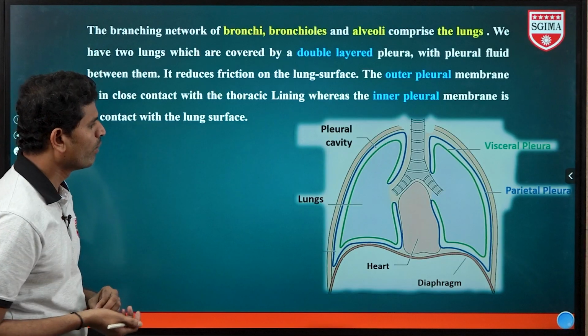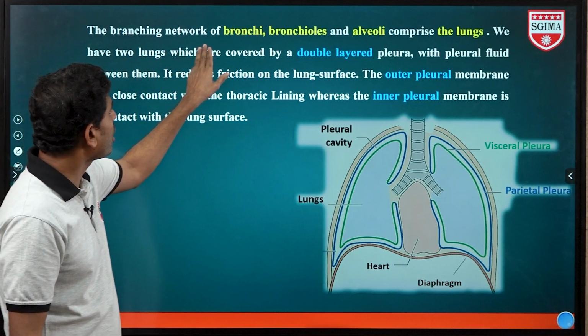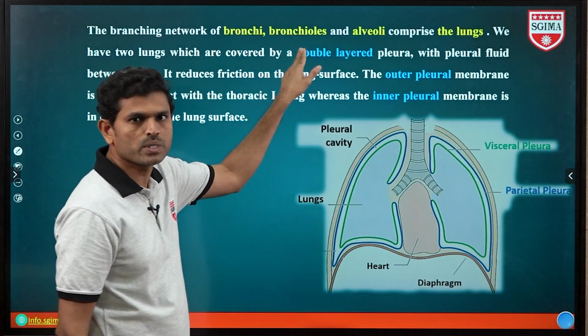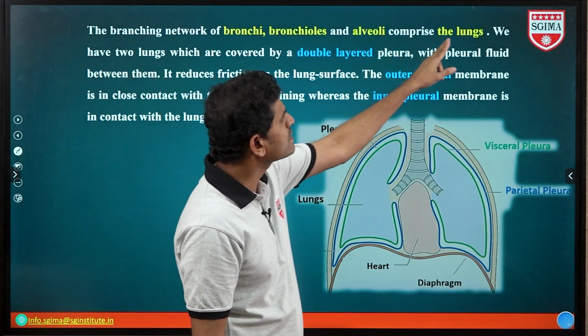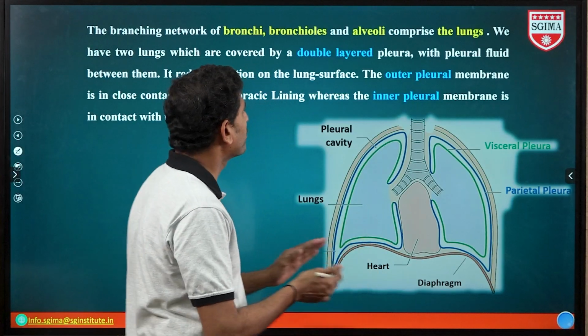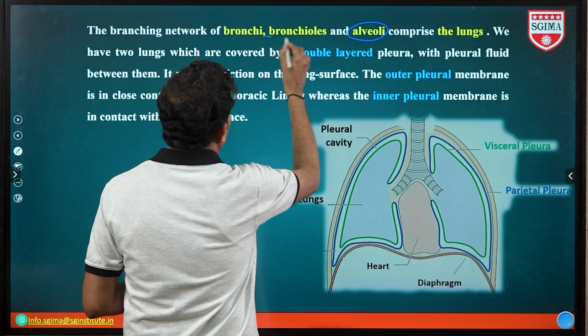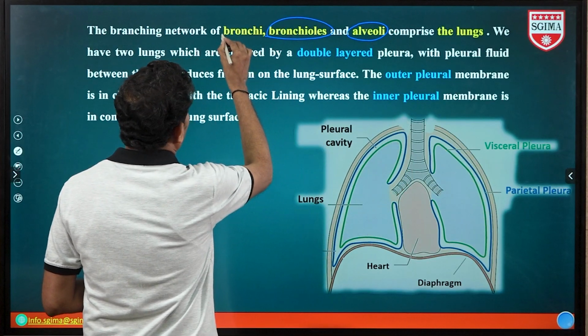Let us see what is given here. The branching network of bronchioles and alveoli comprises the lungs. So what do the lungs comprise? The lungs comprise the alveoli, and next, bronchioles and bronchi.